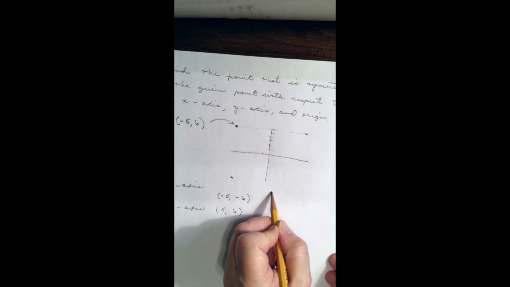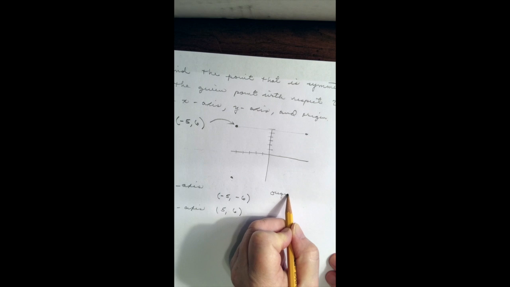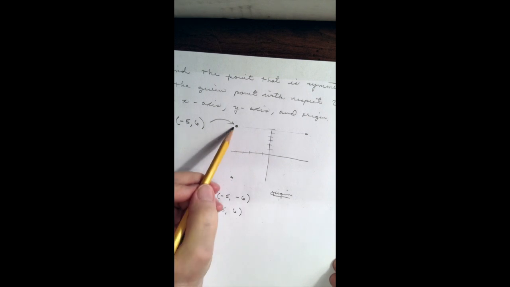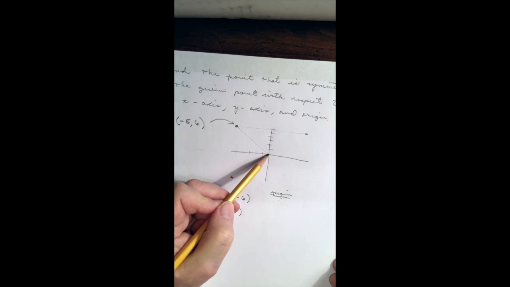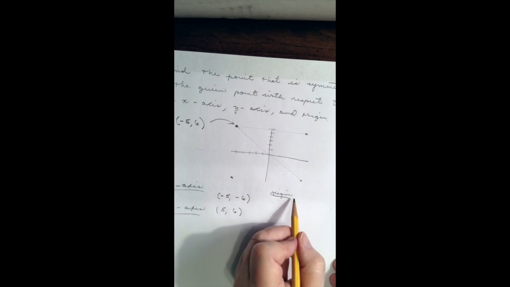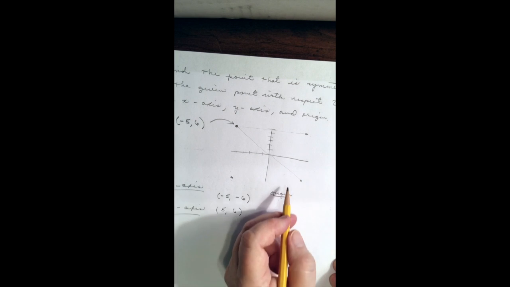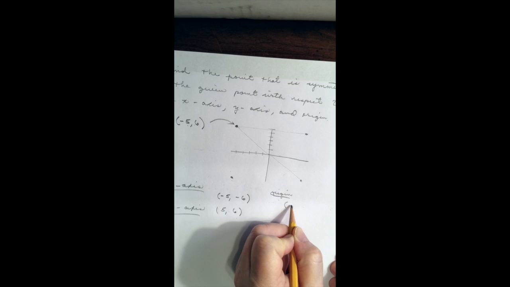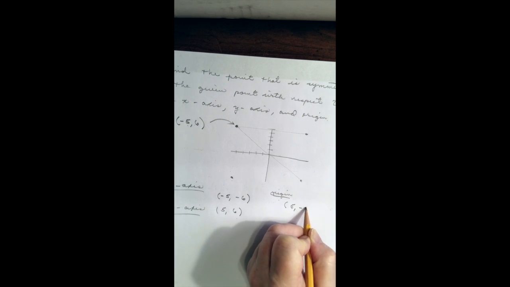And then if we want the point that's symmetric to our original point with the origin, we find a point, go through the origin, equidistant on the other side of the origin, and we would have the same numerical values but opposite signs, and so we would have the point 5 and -6.